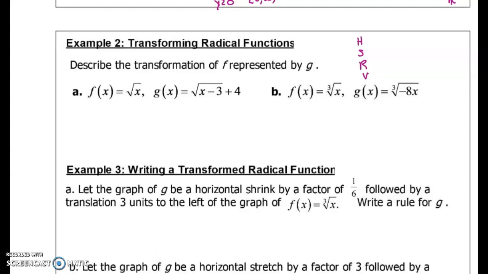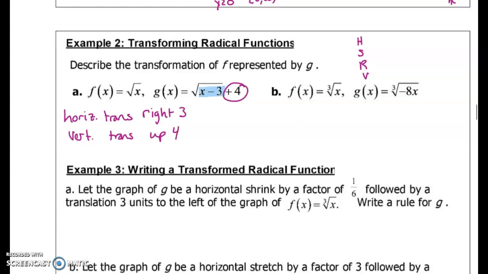I see a horizontal translation represented inside the square root with x minus 3, and that means it moves right 3. And then I see the +4 on the outside of the square root, and so that is going to be a vertical translation up 4.